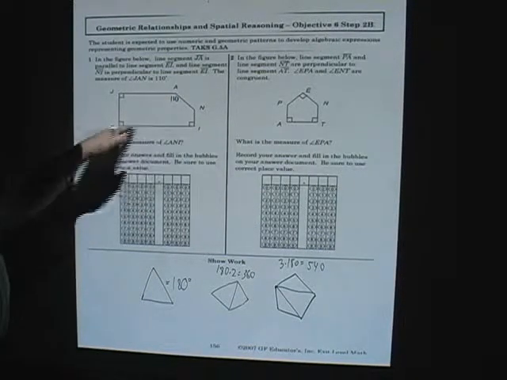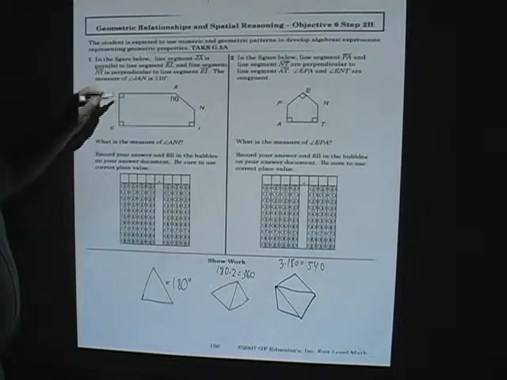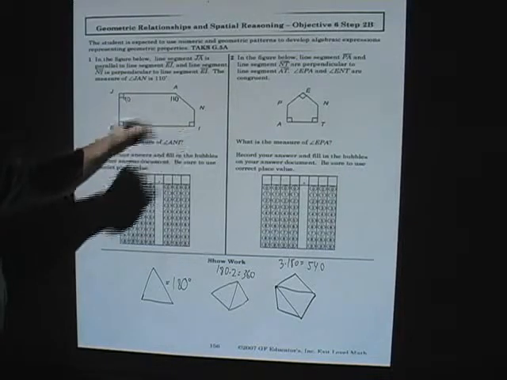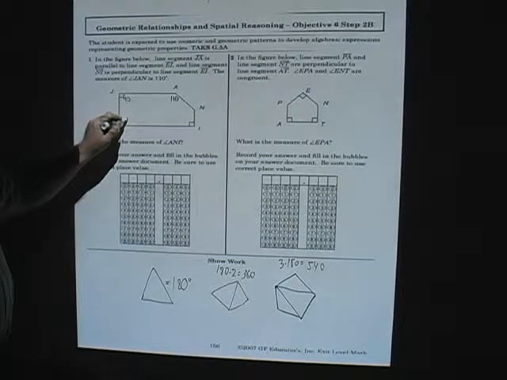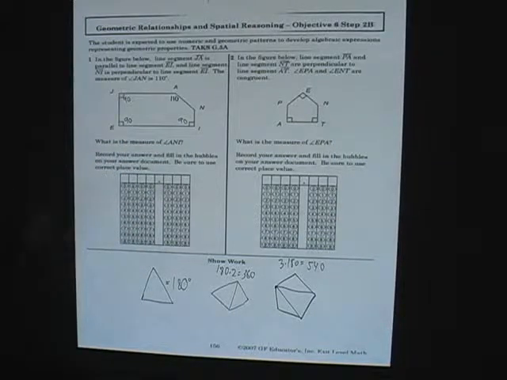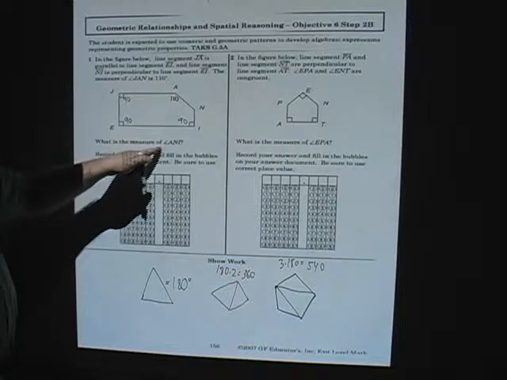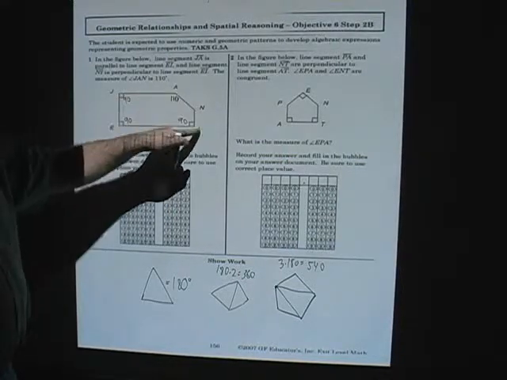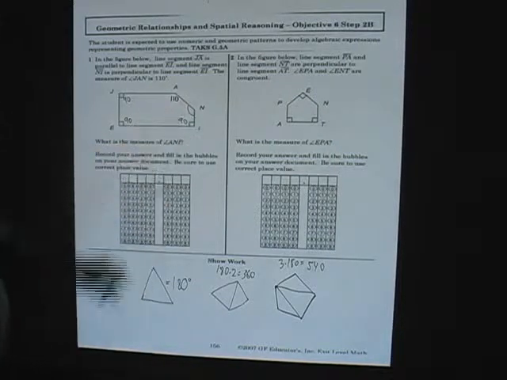Now we know these are all 90, so that's what the little symbol means. Right angle, so it's 90. So we know those 4 angles, and they want us to find the measure of angle ANI, right here.